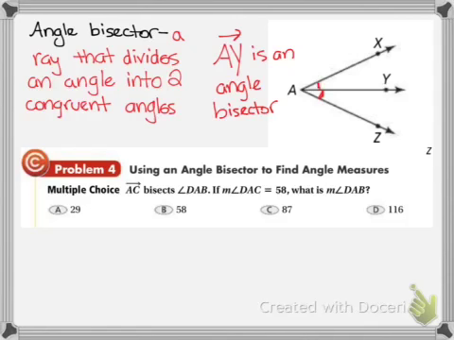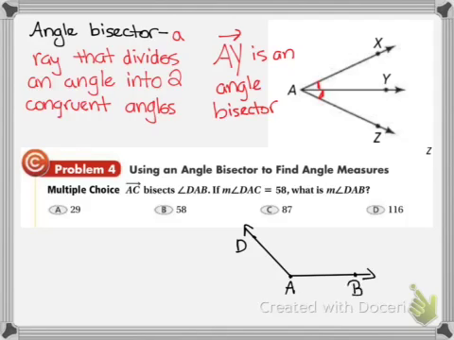So let's look at this last problem and then we'll be done. We're told that ray AC bisects angle DAB. So let's draw an angle. We're going to label that angle DAB. It doesn't matter what your angle looks like, really just using this as a visual.